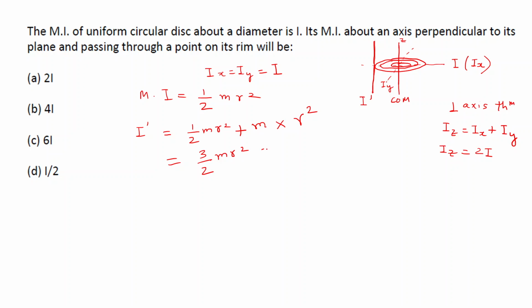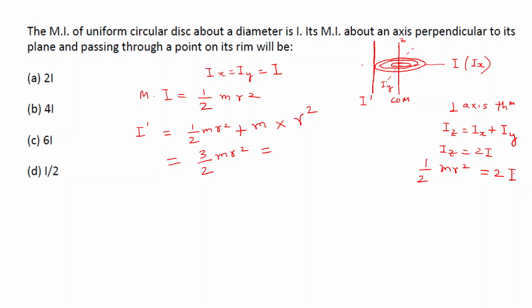From this actually we can see this Iz, which was, this Iz was what? Half mr square, right? This Iz was half mr square. Because the final answer we need to find in terms of the I value.